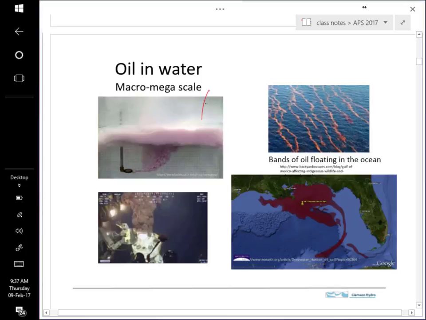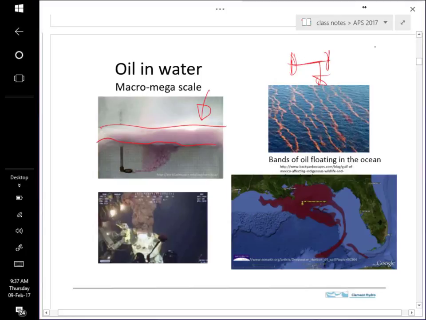And this is an example of that done in some experiments where there's this leak and this accumulating low-density fluid floating on top of the water. And you can see at larger scale, they're forming some interesting patterns. This looks like maybe 100-meter scale, something like that.